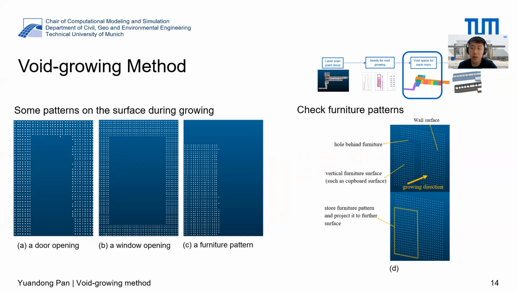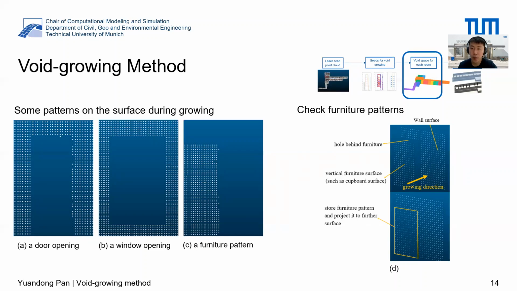We have some predefined frontier patterns: a door opening pattern, a window opening pattern, and a furniture pattern. We would stop growing when we find a door or window opening pattern at the frontier.